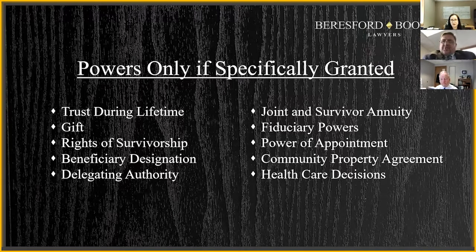How do decisions get made? How do my bills get paid, et cetera? The planner has the opportunity in advance to control who those decision makers are by executing the powers of attorney. It's not that bad decision makers would be appointed through the guardianship process. It's just you don't have any control.